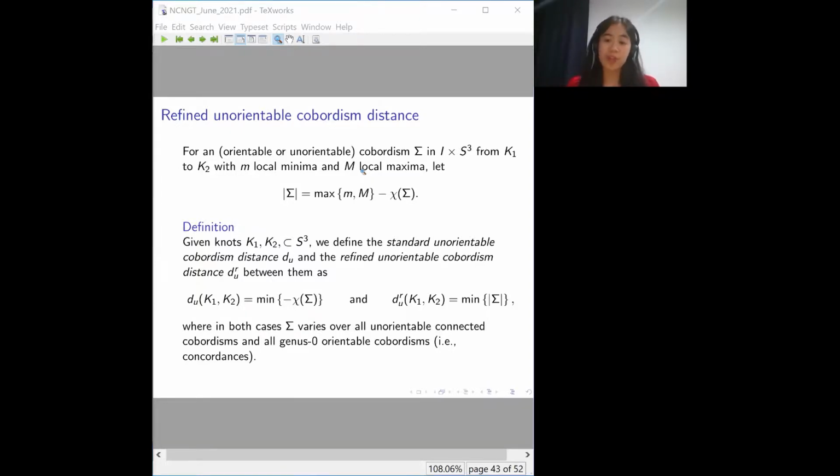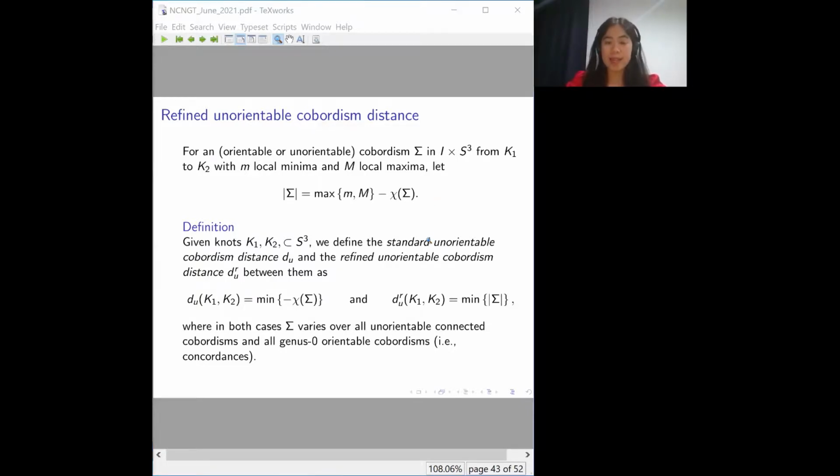For the refined unorientable cobordism distance, it's like that, but instead of taking the minimum of minus the Euler characteristic, we take the minimum of this norm of sigma, which is basically the genus but also keeps track of the minima and maxima.